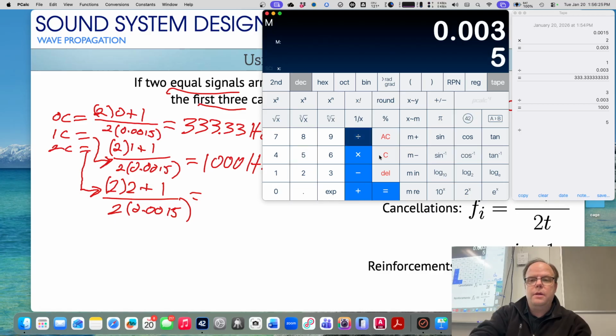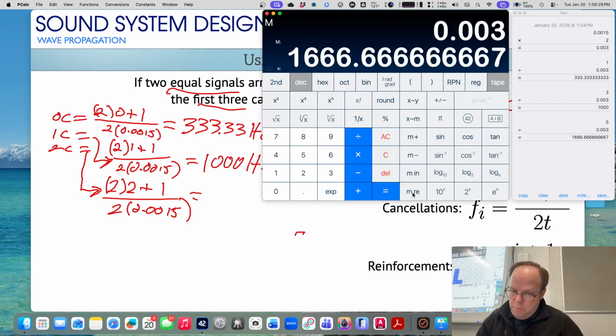So 5 divided by 0.003. And I get 1,666.67 hertz. 1.67 kilohertz, if you wanted to do it that way. Yeah? Everybody with me so far?